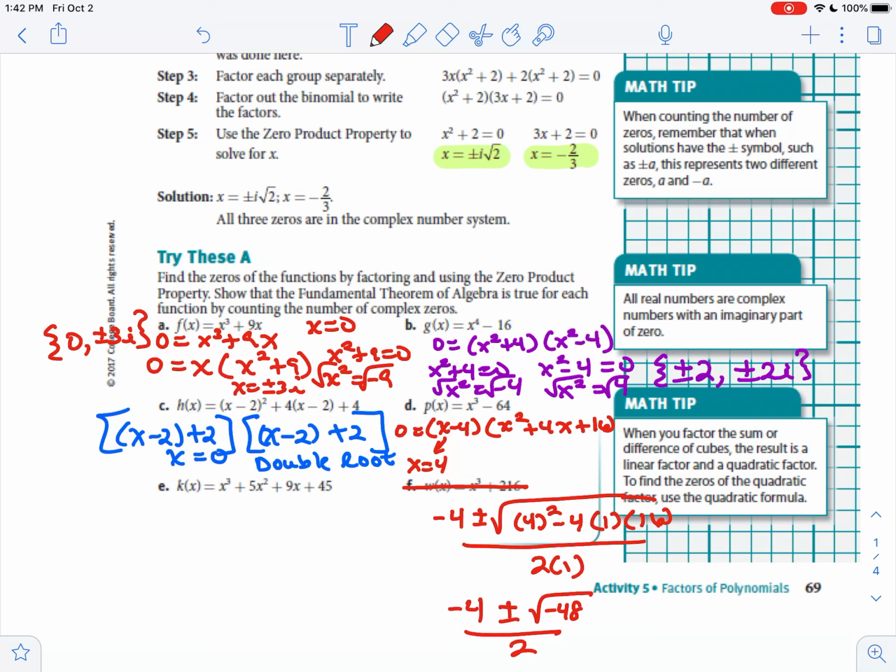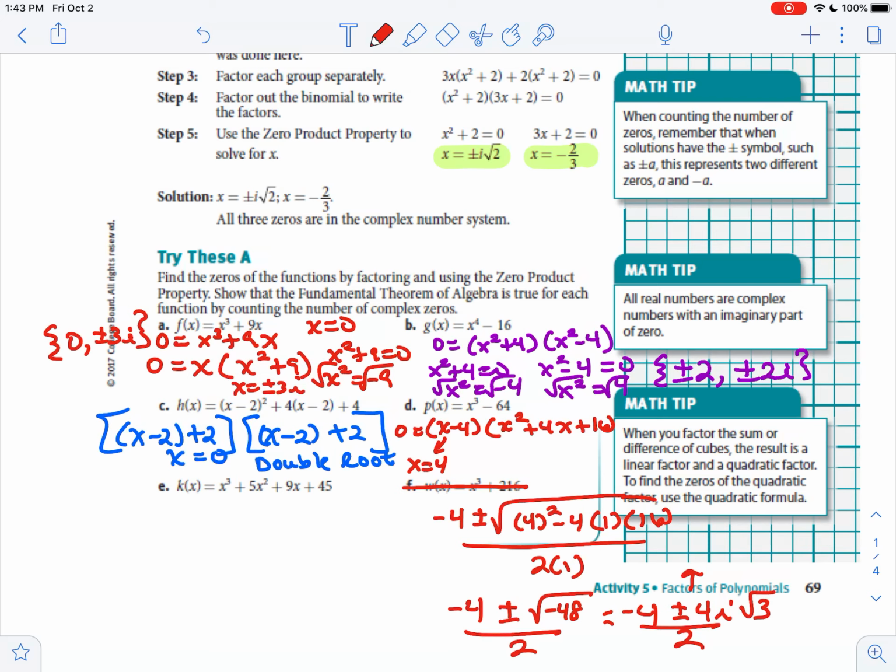And so now we can break down negative 48 and also pull out the negative as an i. And so when we break down negative 48, it's really 16 times 3. And so it's going to be negative 4 plus or minus 4i root 3 all over 2, which we can simplify a little bit more and divide everything by 2.